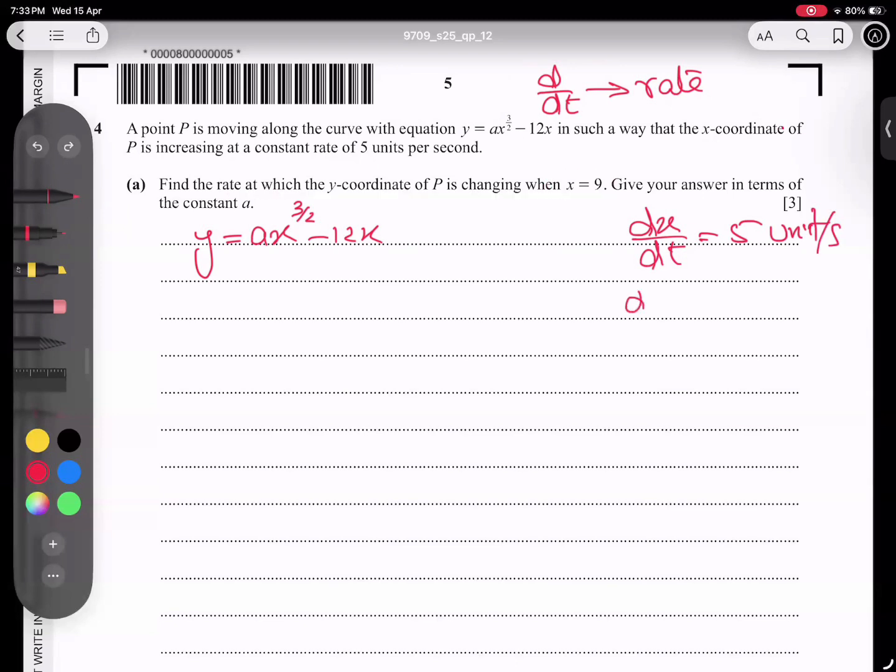So we have to find dy over dt. But it's only possible when x is 9. And give the answer in terms of a. So let's try to do it. You know, students, whenever 3 variables are involved, like x, y, and t, we have to use the chain rule formula.